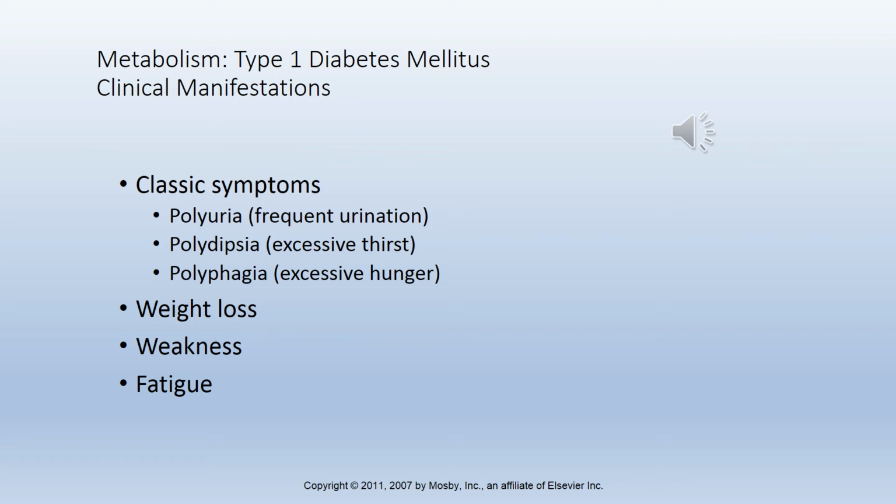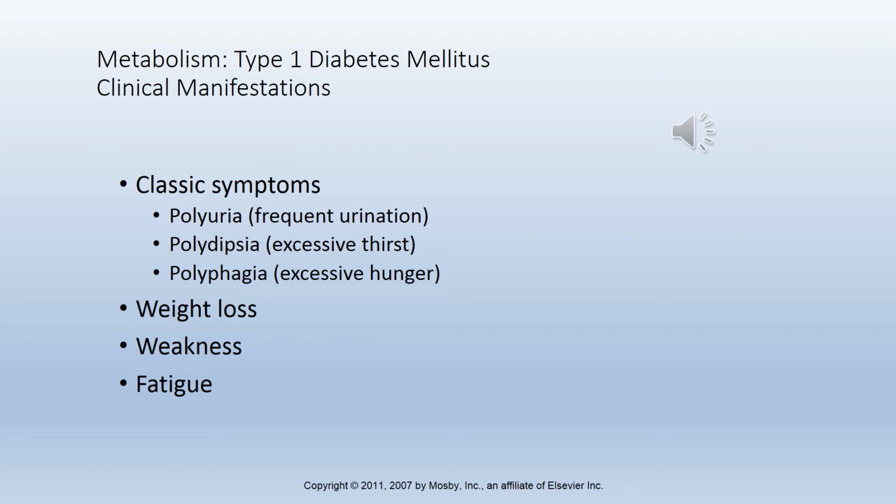Previously identified impaired fasting glucose or impaired glucose tolerance tests, which has to do with gestational diabetes. Hypertension greater than 140 systolic. Low high density lipoprotein cholesterol levels or high triglyceride levels, and history of gestational diabetes or delivery of a baby over 9 pounds.